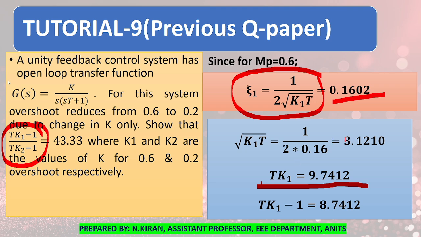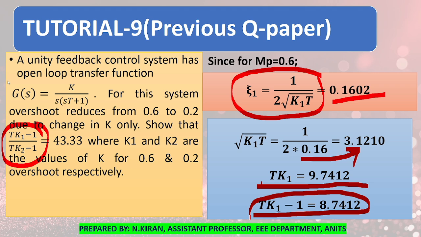Okay, we cross multiply this and square both sides, which gives me the value of tk1. Since we need tk1 minus 1, that gives me the value 8.7412.